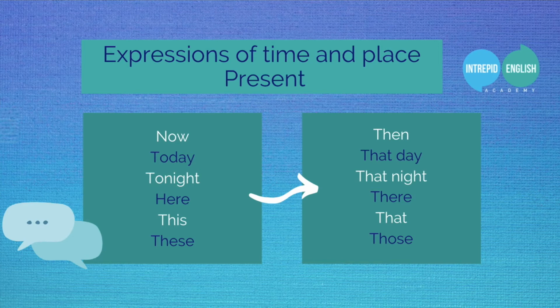So when I say respectively, I mean now and then are paired. You can see them both here in white. Today and that day are paired. You can see them both here in blue. So the word respectively means in the same order as the other list.